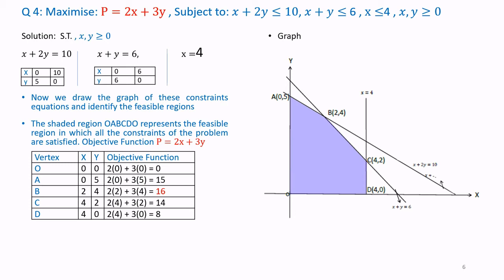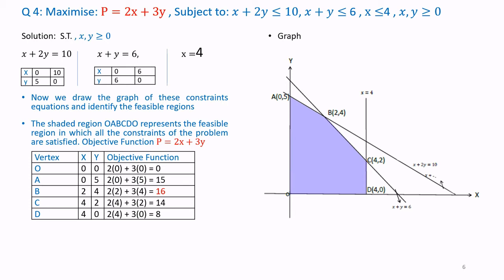The next point is B, whose coordinates are 2 and 4. So x is equal to 2 and y is equal to 4. Therefore, the given objective function P is equal to 2x plus 3y can be written as 2 into 2 plus 3 into 4, which equals 16.